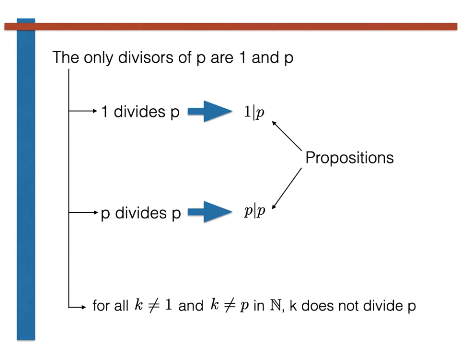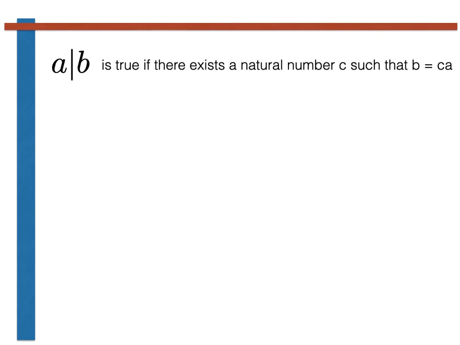As with anything in maths, though, we need to use a proposition to define what it means when we state that A divides B. The particular definition we use is shown at the top of the slide.